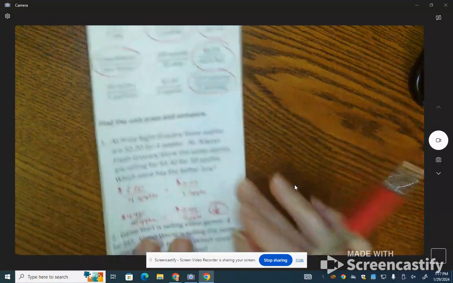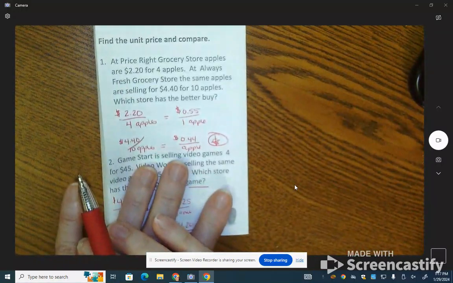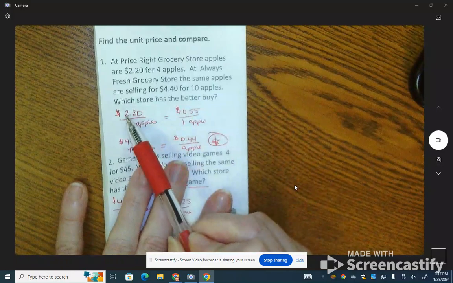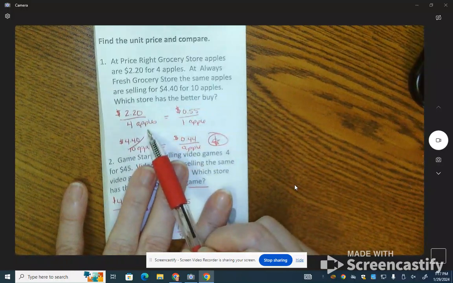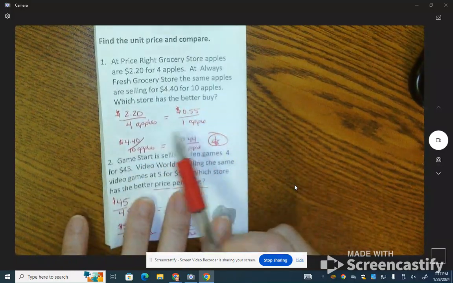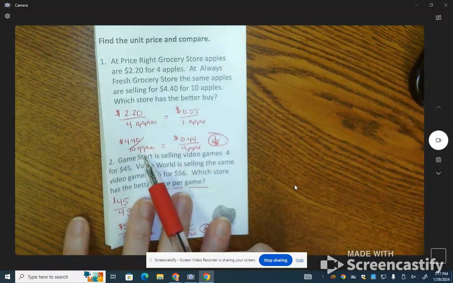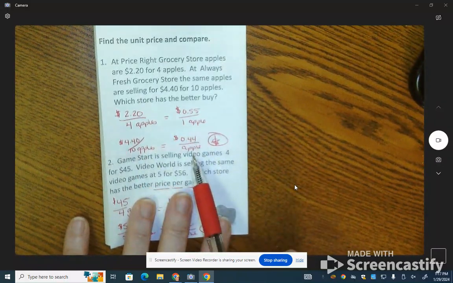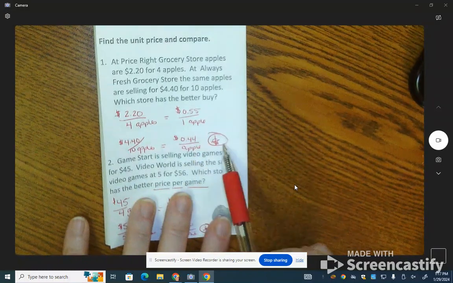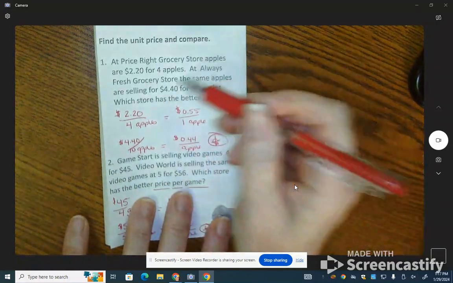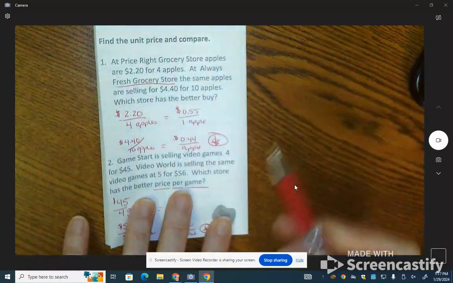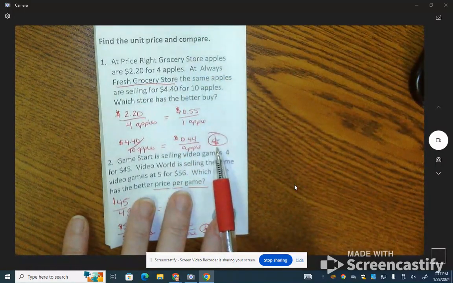Okay? Now we're going to do some comparing at the grocery store. One grocery store does $2.20 for 4 apples. That's 55 cents an apple when you do the division. This one is $4.40 for 10 apples. That's 44 cents for an apple. That means the fresh grocery store is going to be the better price.